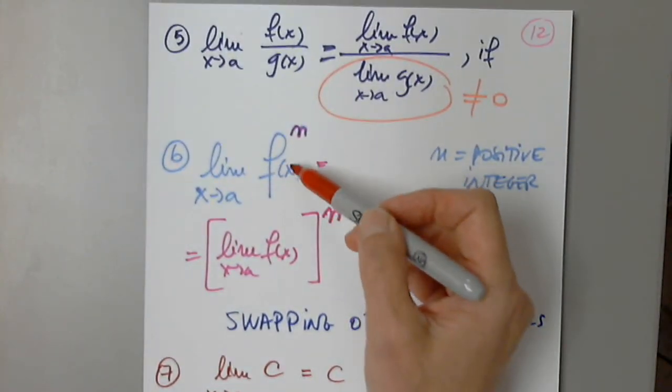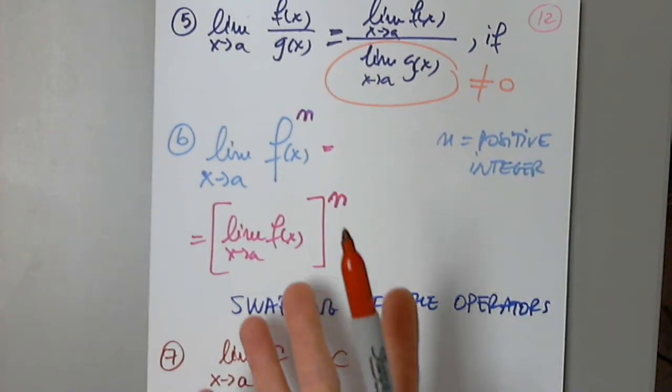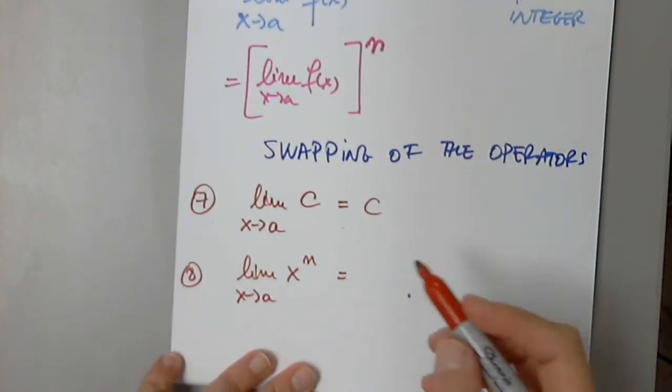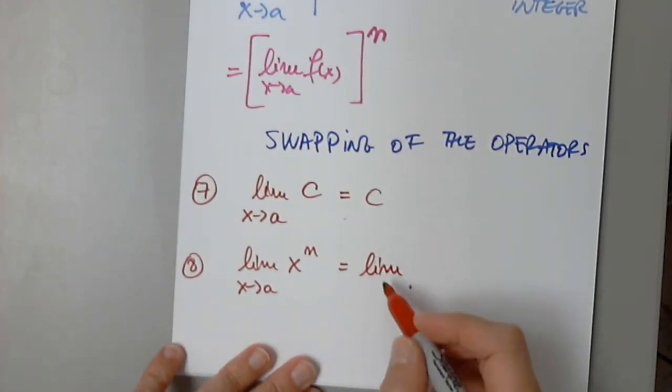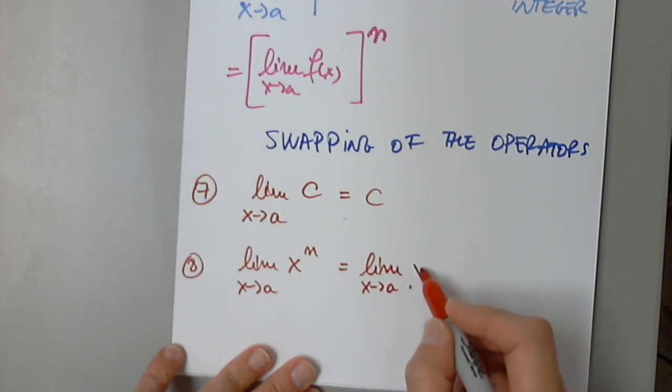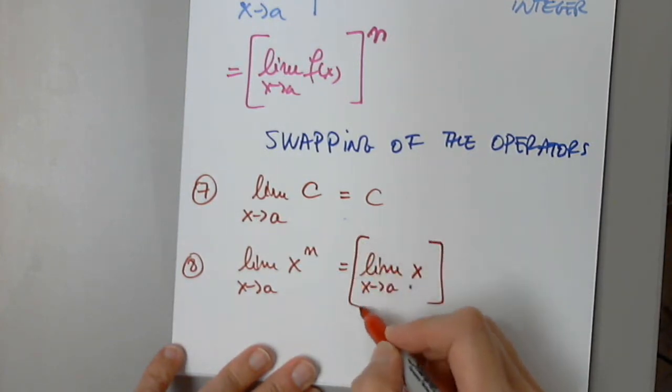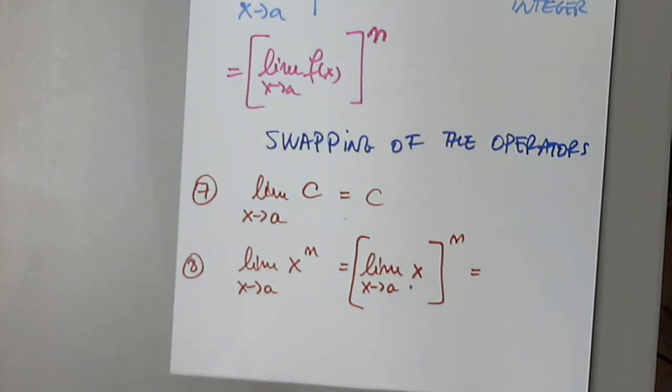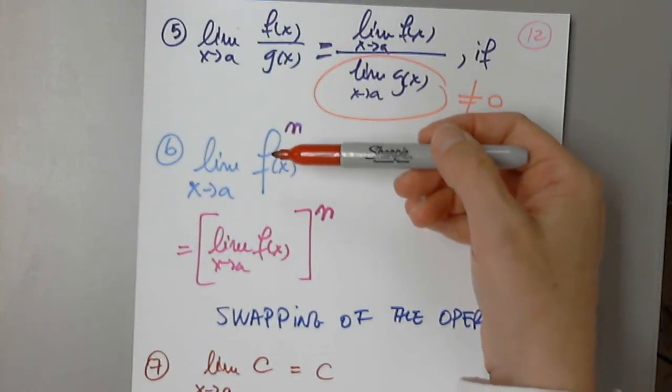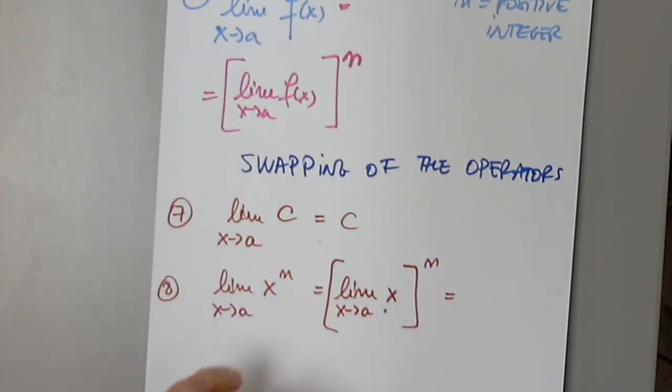Now imagine that this is just plain x, nothing else. What should I do? Put x in the brackets: the limit as x approaches a of x, everything raised to n. Because now the function was just plain x. Of course, n has to be a positive integer.